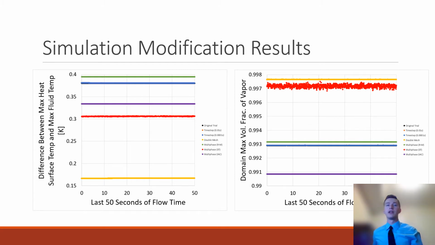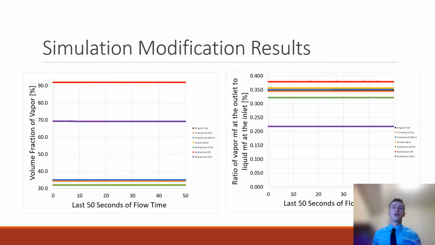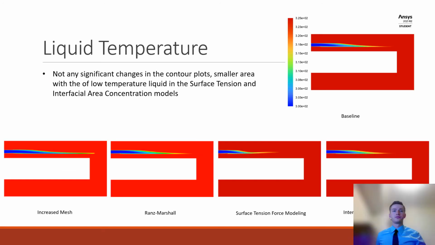The graph on the right is the maximum volume fraction of vapor. So here are the last of the results from the simulation modifications. The graph on the left shows the total volume fraction of vapor within the chamber, and the graph on the right shows the ratio of vapor mass flow at the outlet to liquid mass flow at the inlet.